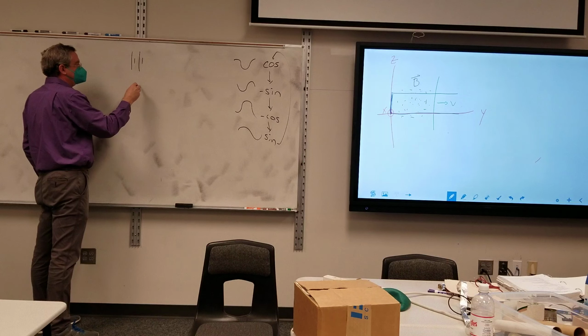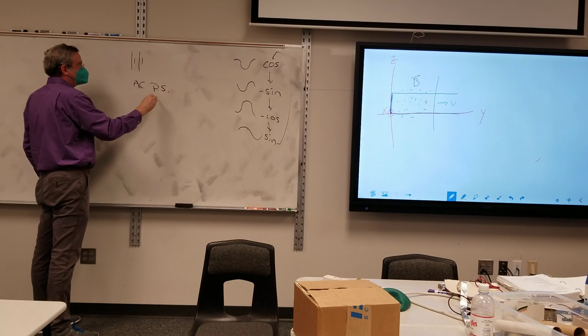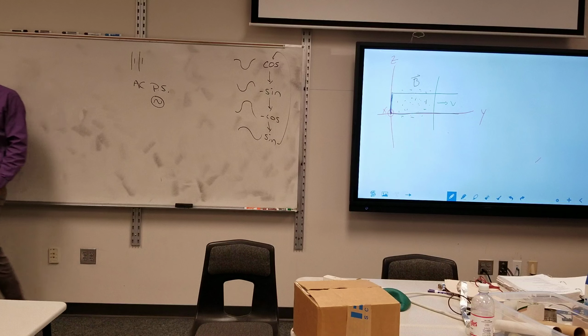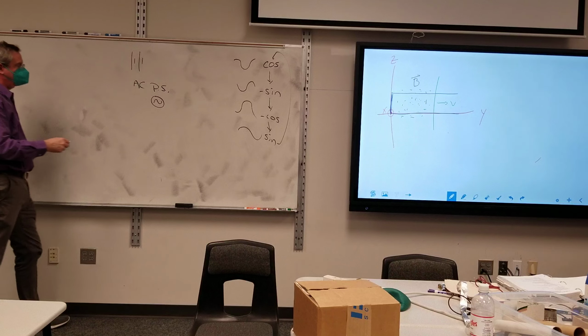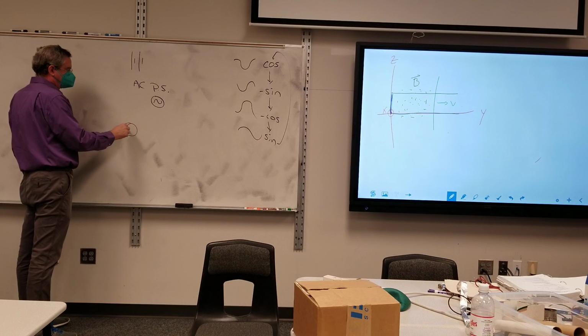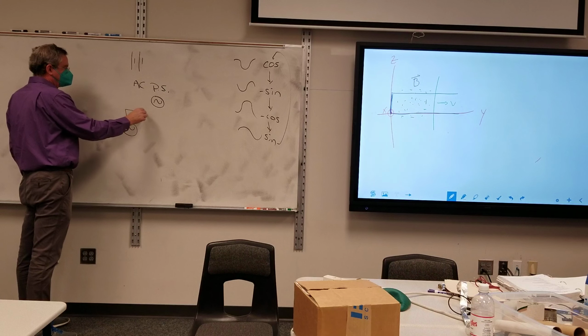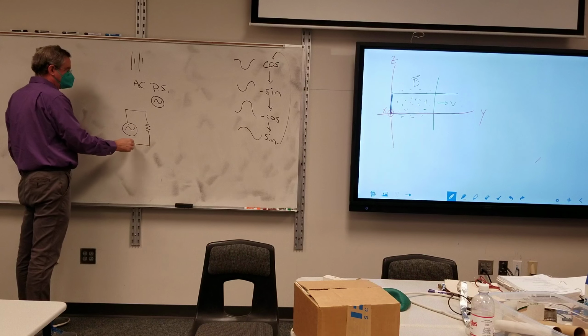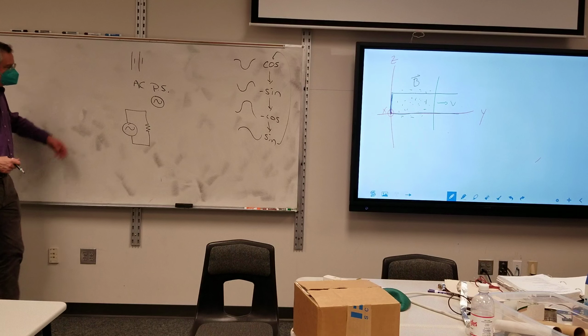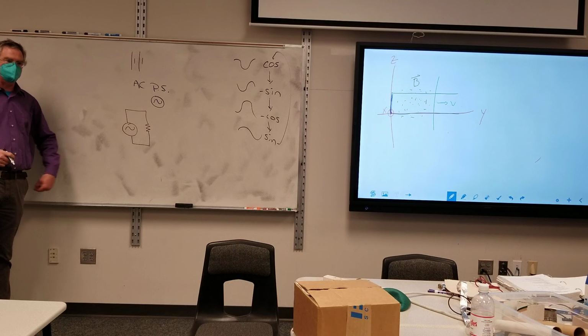And so the symbol for an AC power supply is basically a sine wave in a circle. So this is an AC circuit that has a resistor in it.